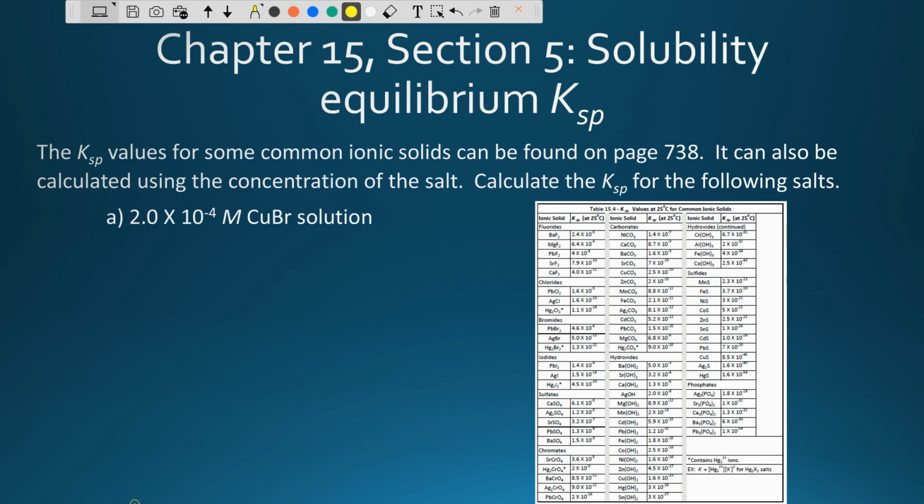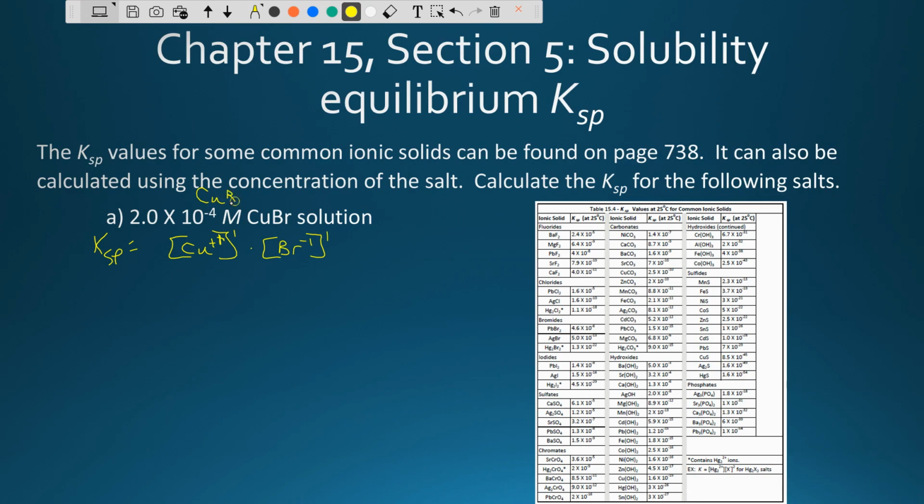You can see how we can put this into play. Notice that my KSP is going to equal my copper ion, and notice it's going to be a +1 charge, times the concentration of my bromide ion, and that's the -1 charge. My KSP value, if I look at this, I see I have 2.0 times 10 to the -4. Notice that this will dissociate into those two, so I've got a 1-to-1 ratio.